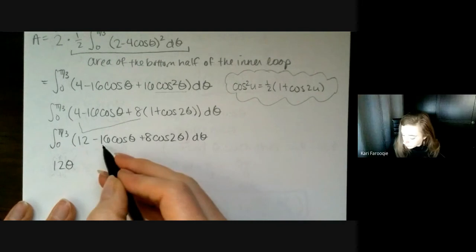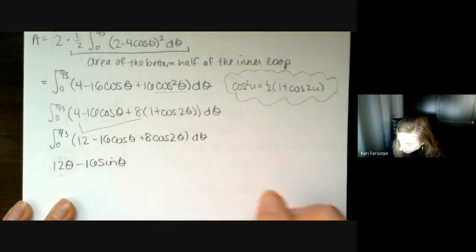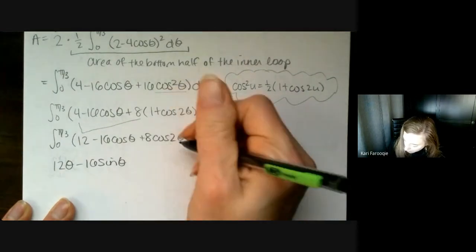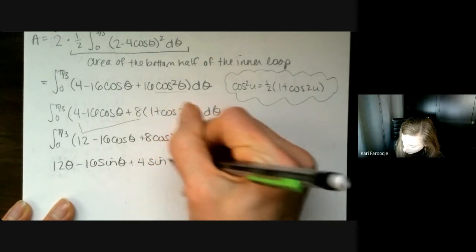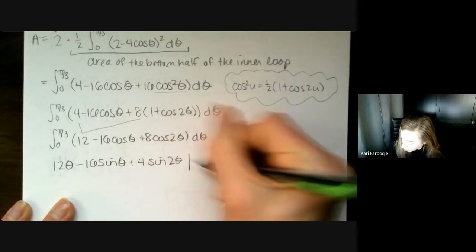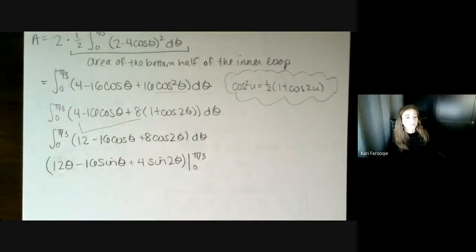The derivative of sine is cosine, so we'll have minus 16 sine theta, and then plus 4 sine 2 theta, and we'll take that from 0 to pi over 3.